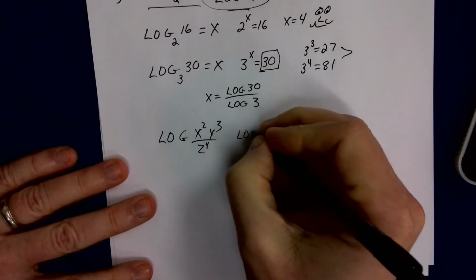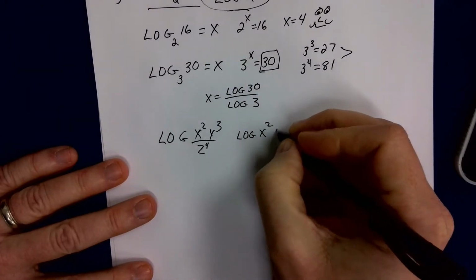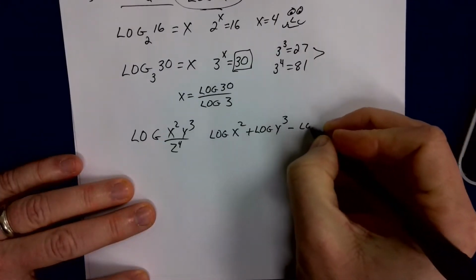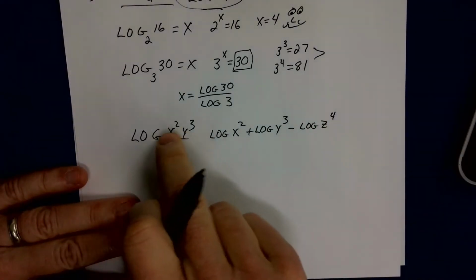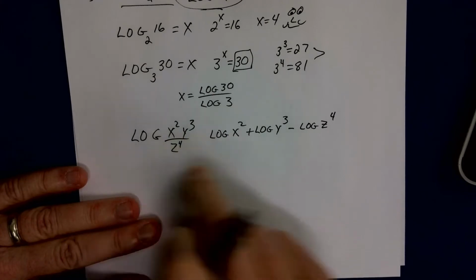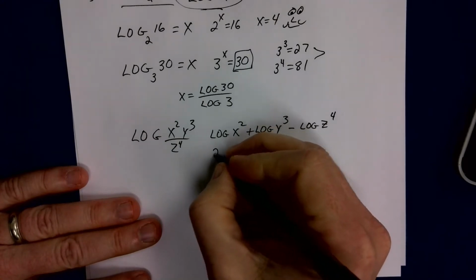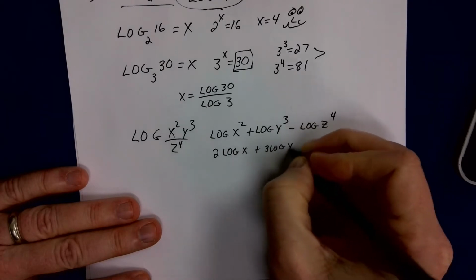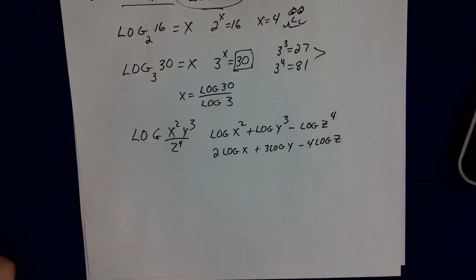Well, I'm hoping that you know that you could use the log laws above and rewrite it as the log of x squared plus the log of y cubed minus the log of z to the 4th, because multiplication becomes addition and division by z becomes subtraction. Then you're like, ooh, I could use log law number 3 to rewrite it like this: 2 log x plus 3 log y minus 4 log z. Yep, 100% you could do that.